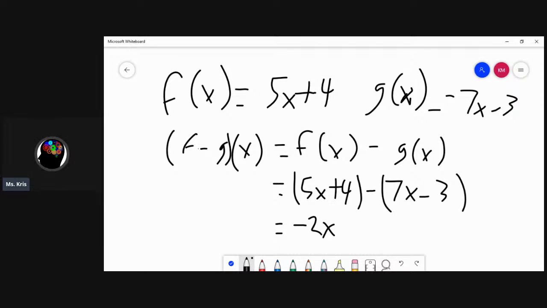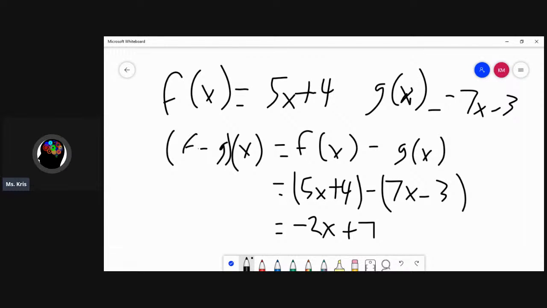Well, of course, minus a negative makes it positive. So 4 plus 3 gives me a plus 7. So my answer is negative 2x plus 7.